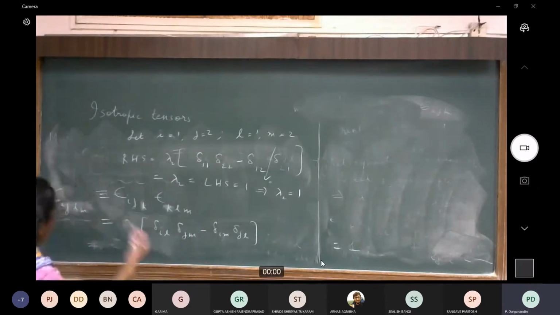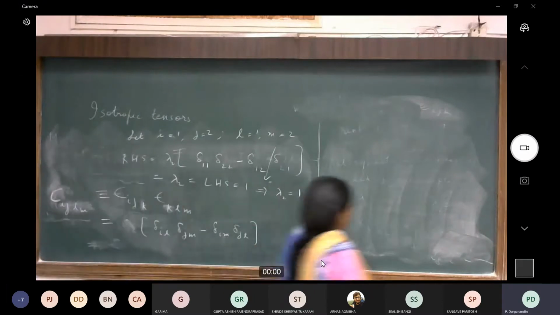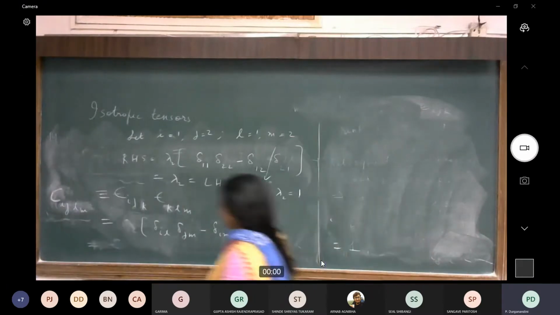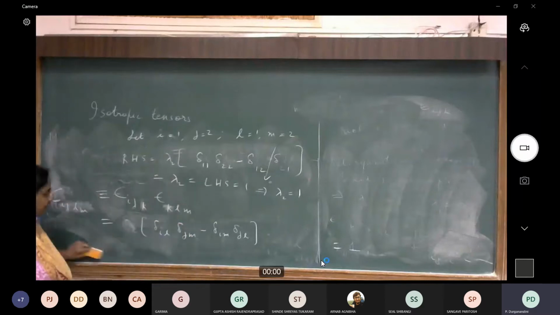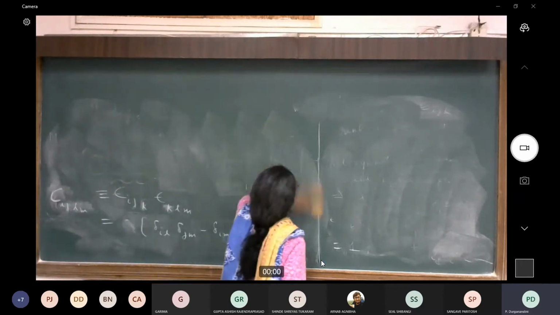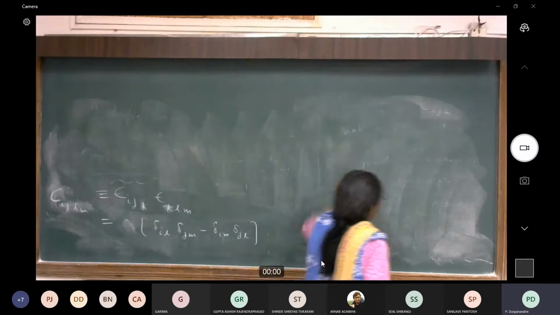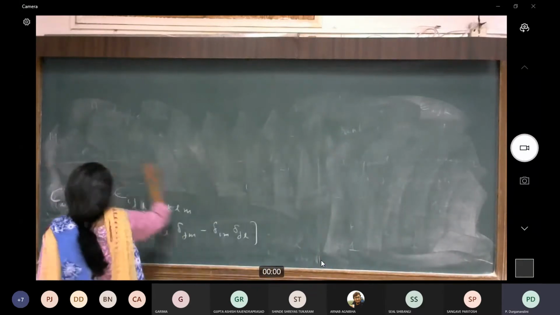And you really need to learn how to use such arguments. That's why I have explicitly shown you how to argue like this and figure out identities. Okay. So this is an example of how one can use tensorial methods to work out certain algebraic identities.